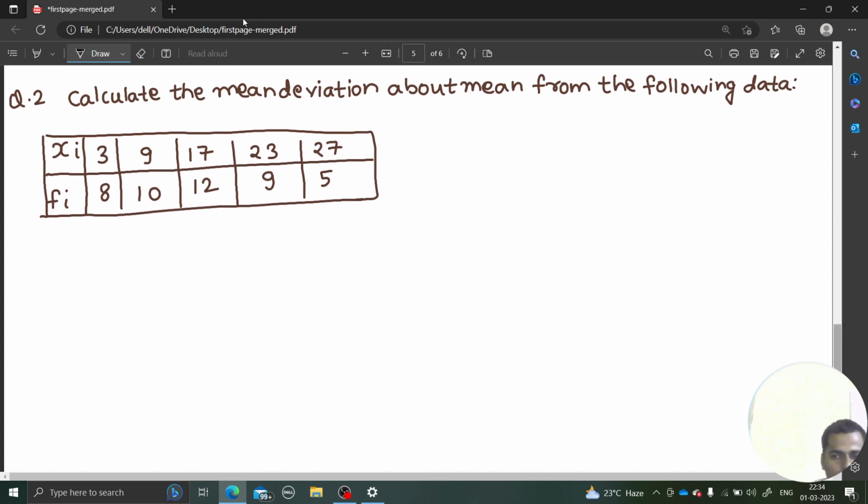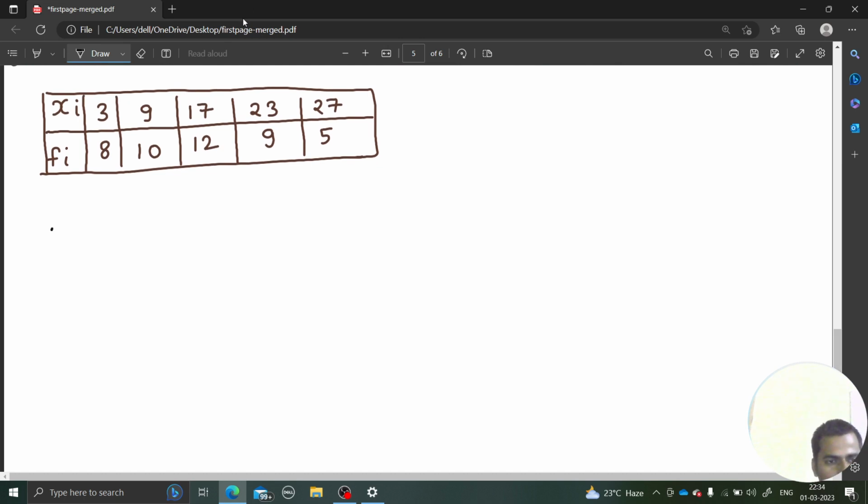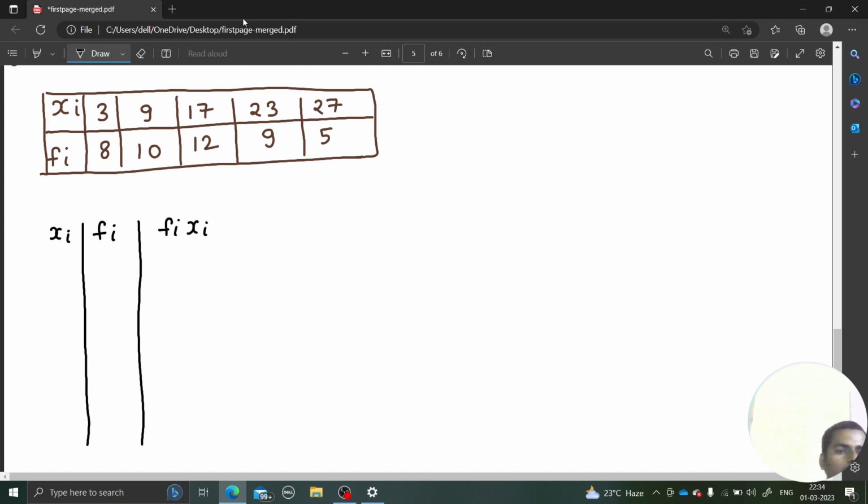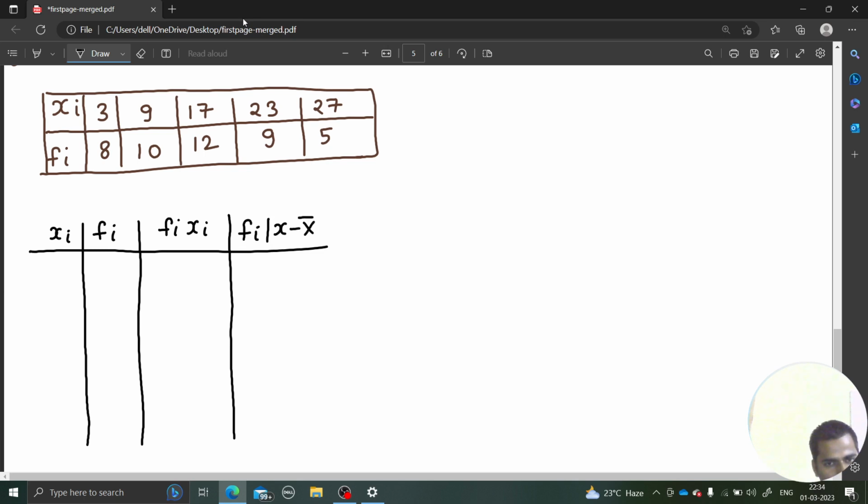So again, corresponding to this data, we are going to have xi, then the frequencies which is fi, then we are going to have fi xi, and we are going to have fi multiplied by the absolute value of x minus x bar.